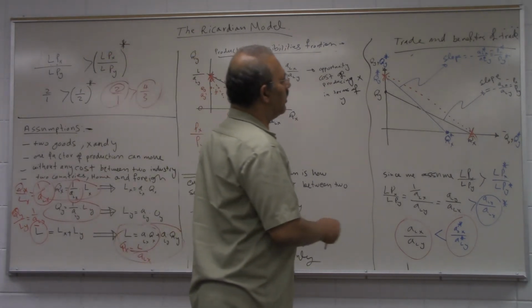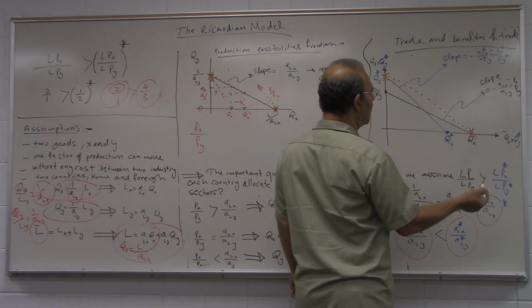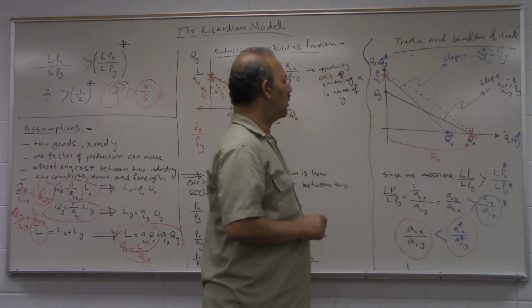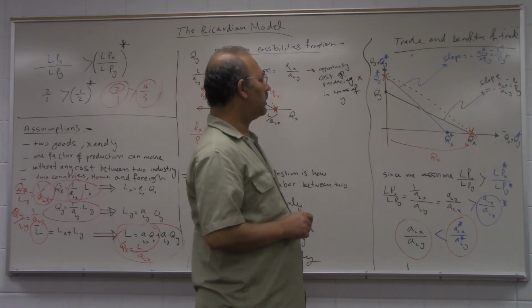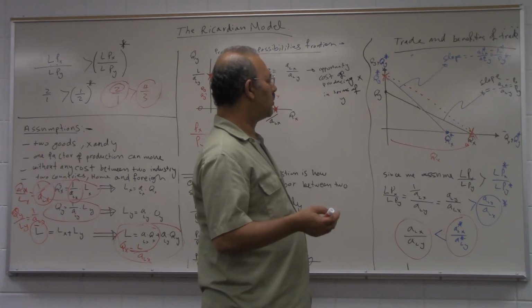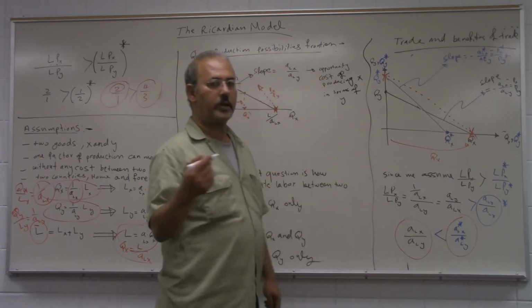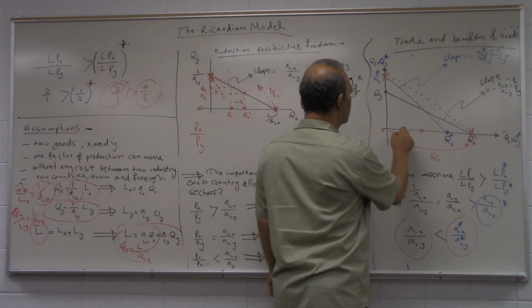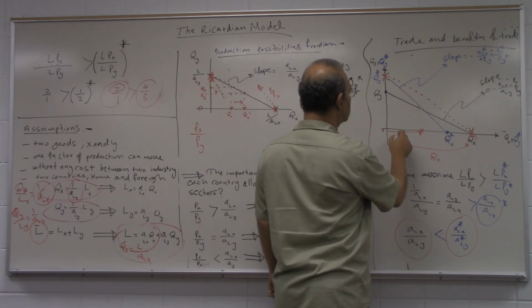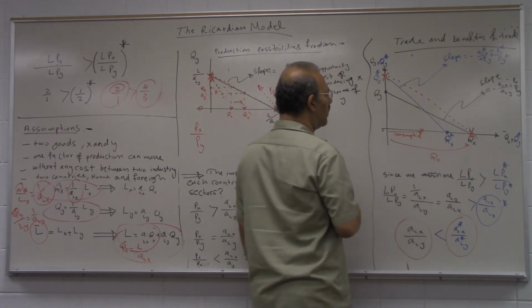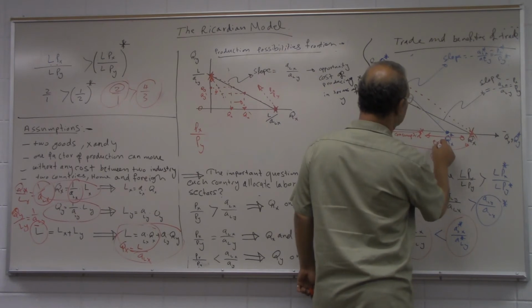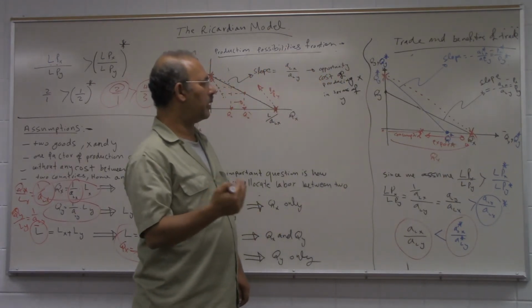We see that the home country produces this quantity QX of good X, and if the home country just wants to consume domestically just this amount of good X, this consumption of good X, therefore it will export the rest to the other country.